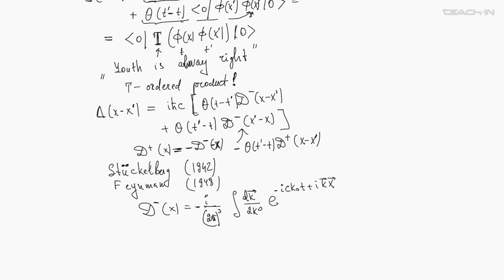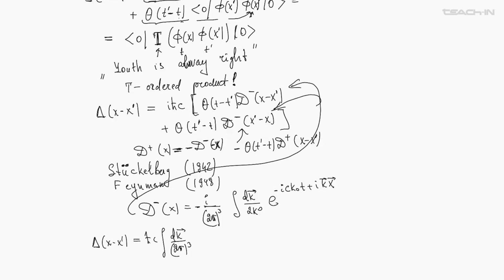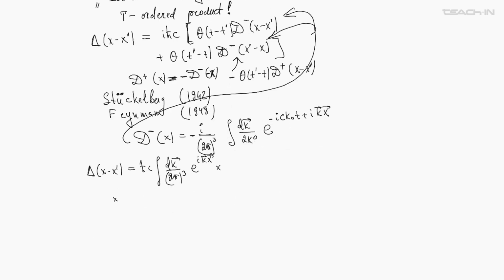And if you now put it in the Feynman propagator, so here and here, then what you will get is the following expression. H bar c, again, this is not so important, d^3k over (2 pi)^3, then exponential i k x, and then it will be multiplied with the following combination, theta function on t.